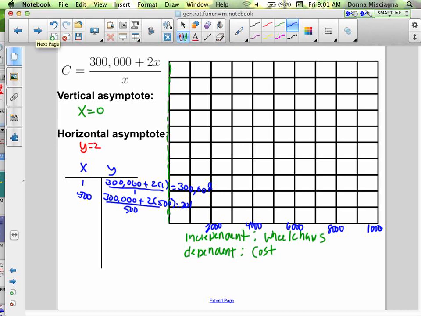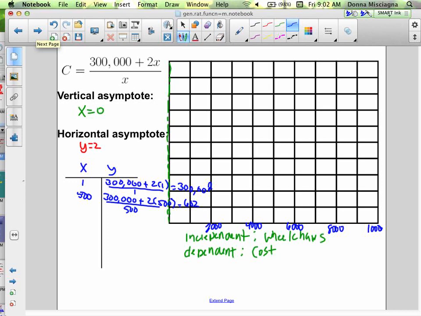So somebody divide 301,000 by 500. Give it to me as a decimal number for cost. So 301,000 divided by 500. $602. All right, so that's gone much, much less.